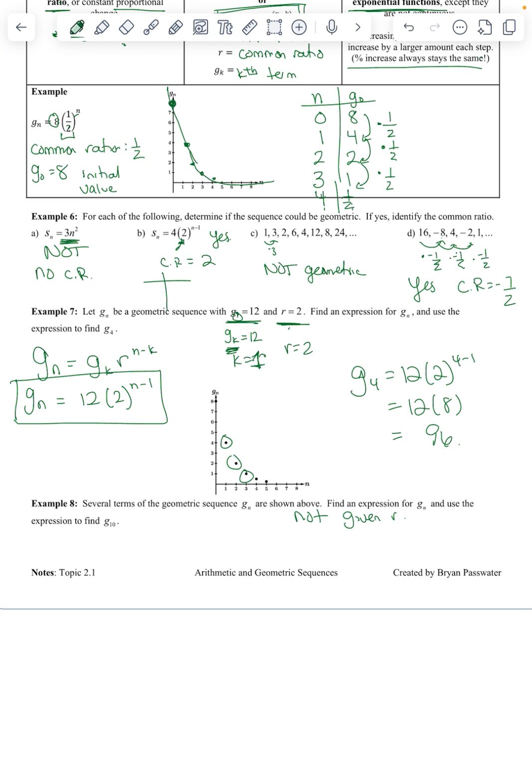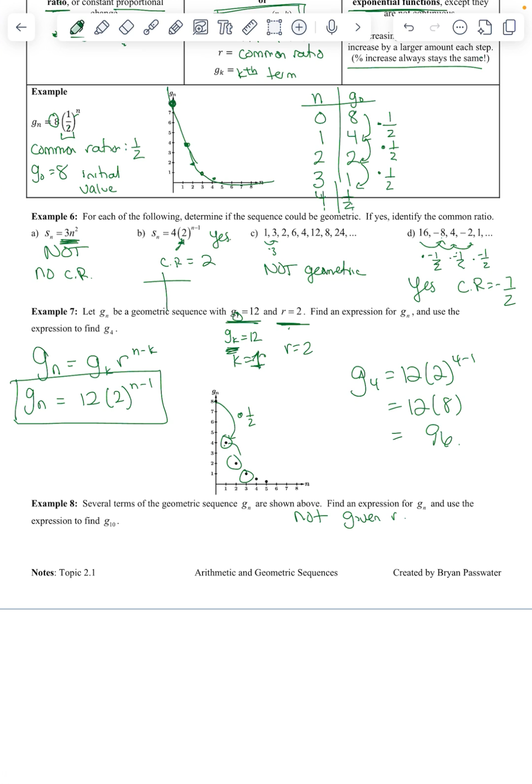So in this case, I know from G of 0 to G of 1, the change is from here to here. To go from 8 to 4, we are dividing by 2, correct? AKA multiplying by 1/2.